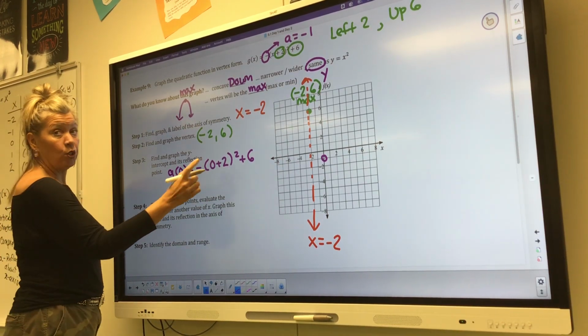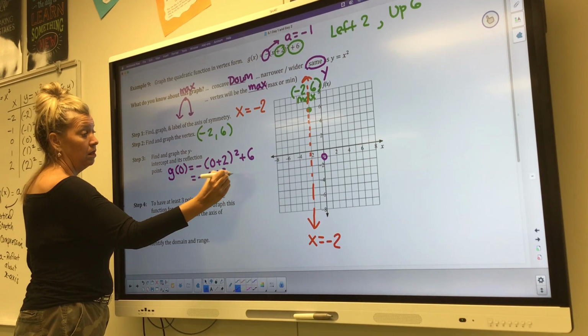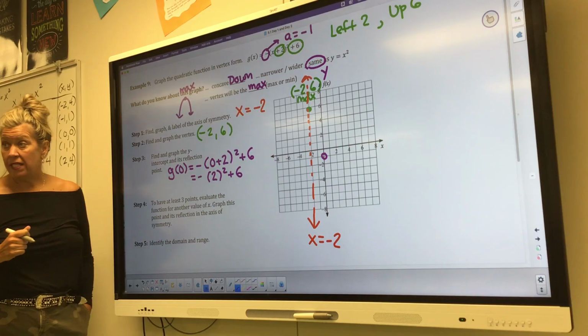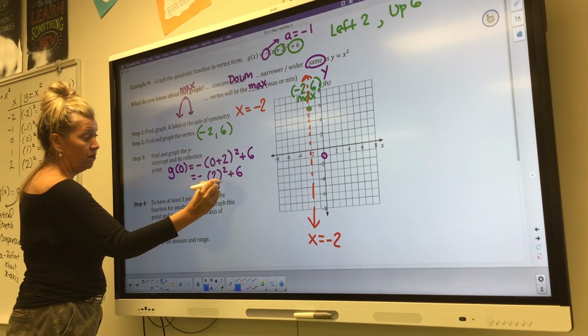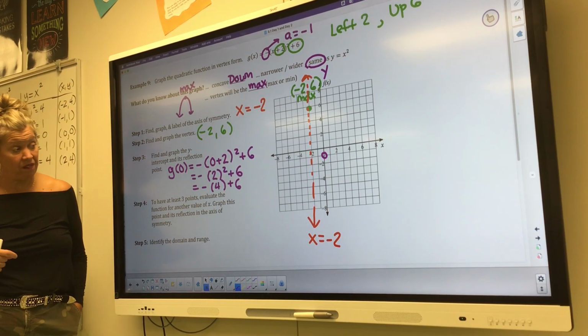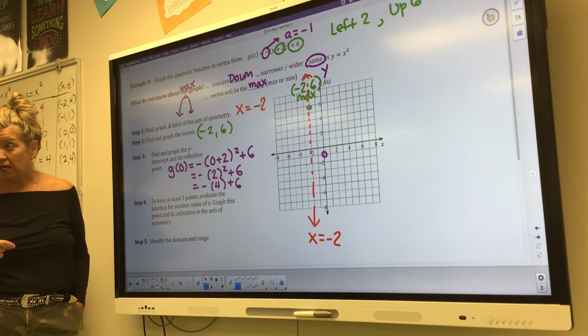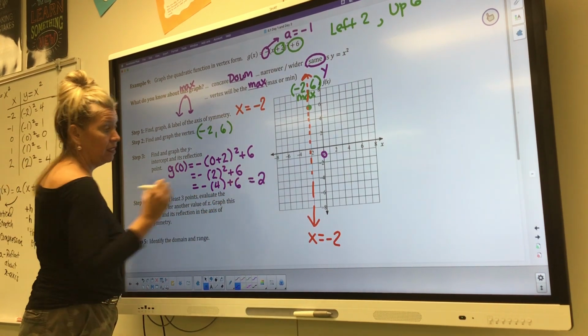We simplify the grouping first: 2. Then we square it. 2 times 2 is 4. Then outside is a negative. So that's -4.